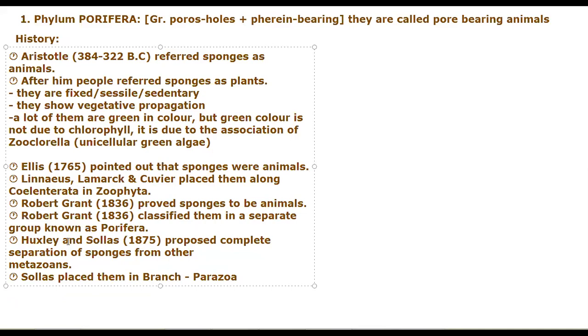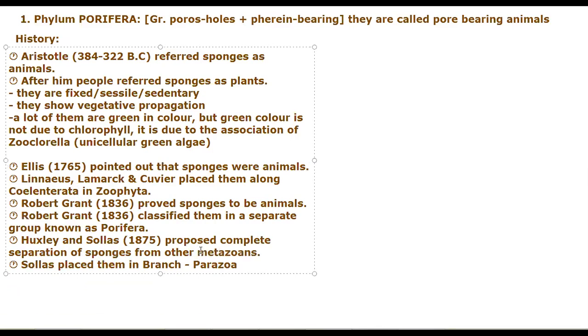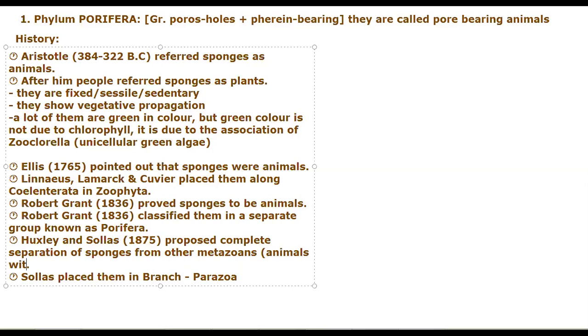Huxley and Sollas proposed complete separation of sponges from other metazoans. Why? Because what are metazoans? Animals with definite tissues. So Huxley and Sollas proposed that sponges are actually not metazoans, and they should be removed from the metazoa category.